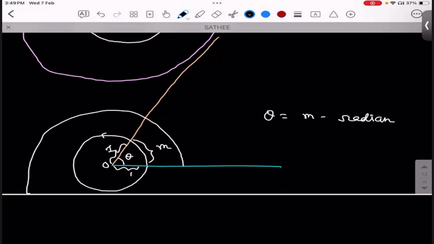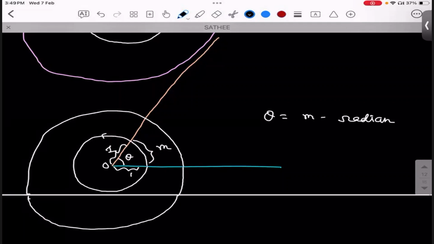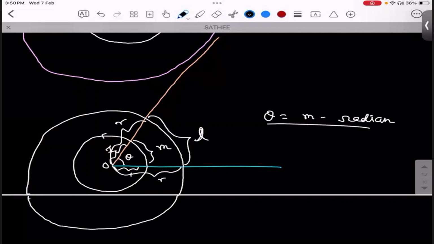This is a circle of radius r, suppose. So obviously this part will be r, and this part will be again r. And obviously the arc length will not be m in this case. It can be some l or p, something like this. And we know that this is our m radian part.